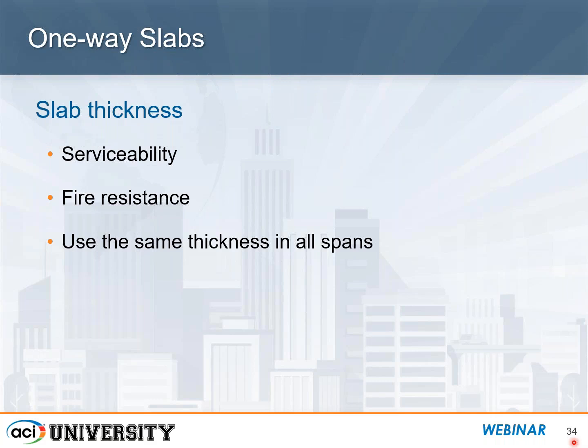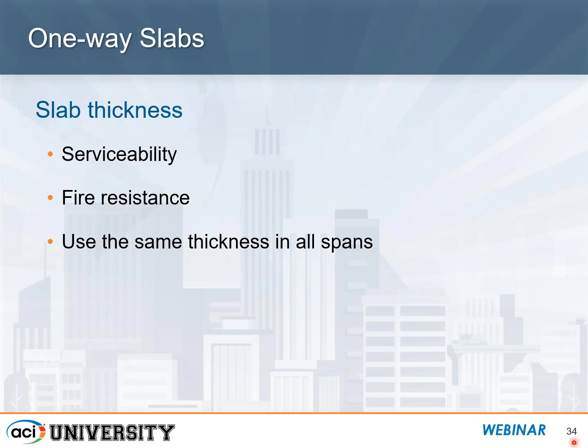Fire resistance requirements also need to be satisfied. Say we have a typical 2-hour fire rating. Generally speaking, that's satisfied if you provide a slab that's thick enough for serviceability. Now, the only place you might have to worry about something like this is if you had a two-way joist or a one-way joist system where that slab can be much thinner for serviceability and structural purposes than required.